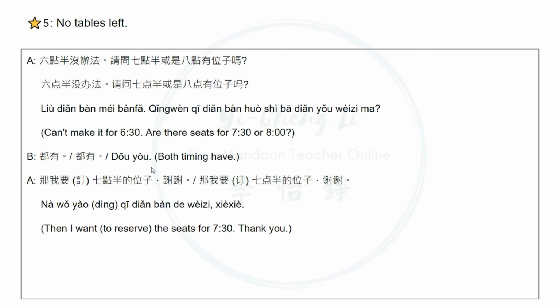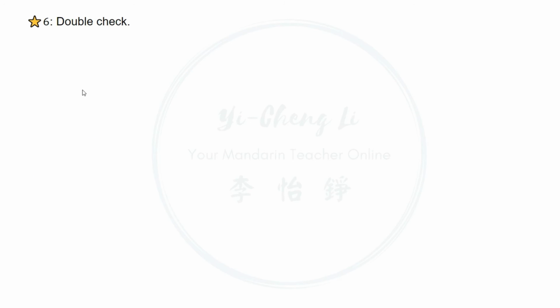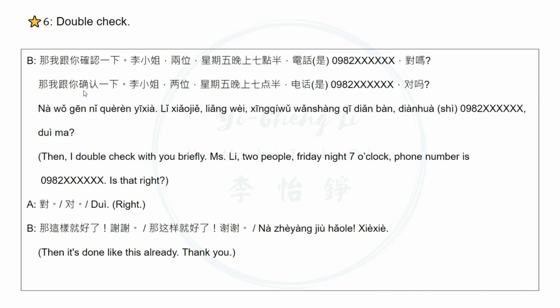Then you can say, 那我要订7点半的位置谢谢. It's fine to omit the word 订, which is to reserve. You can just say, then I want the seat for 7:30. Thank you. Last part is double check. They will make sure the information is correct.